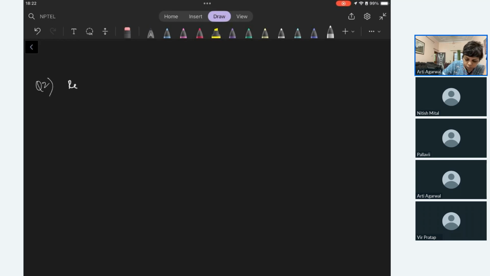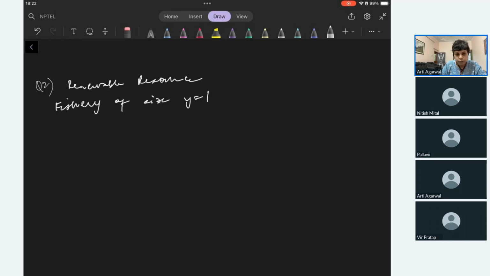So let's write the name of the game. We have a similar setup, and I'm not writing all the detailed stuff about the setup in the notes again. Say, fishery of size y equal to 1 and fishing intensity x1 and x2.